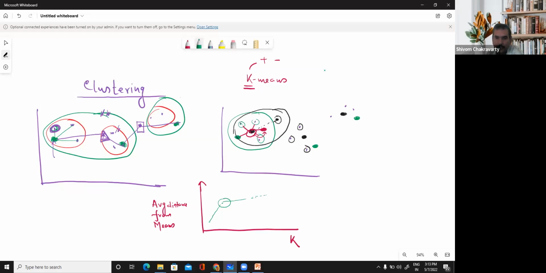So the average distance from the means is not showing any different result beyond this point. So we will choose this point as the desired k, the k corresponding to this elbow, as the desired k for our problem. We briefly discussed this last time also. So this is about k-means clustering.